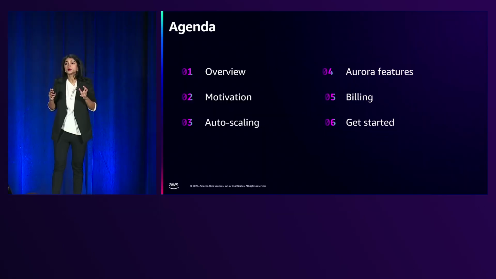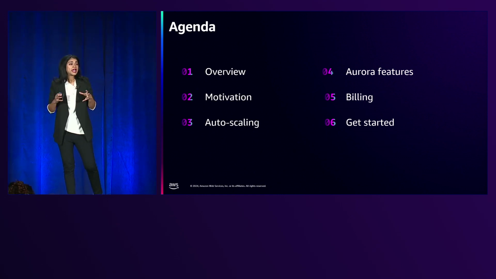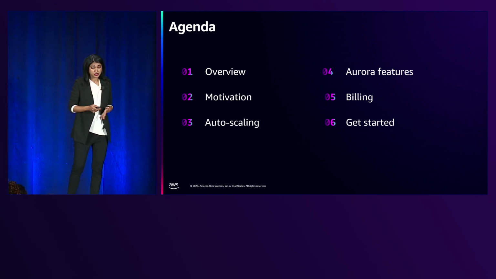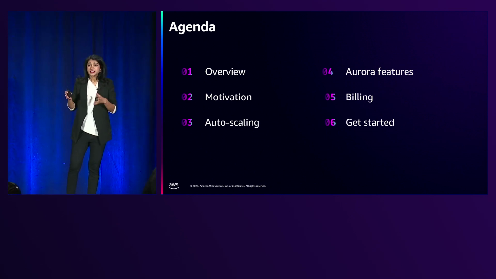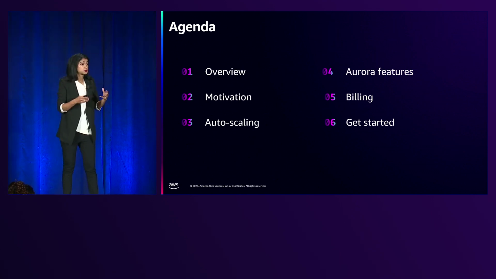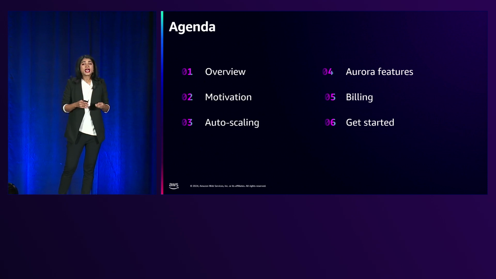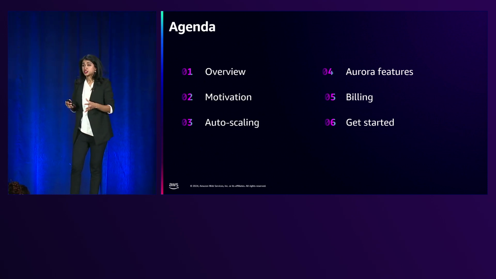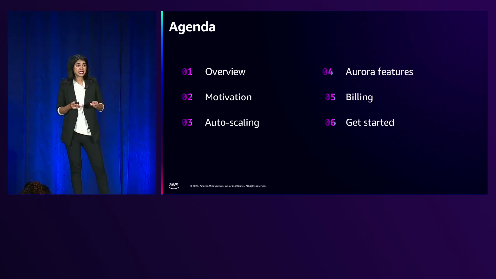A little bit of agenda of what's going to happen in the next 45 minutes or an hour. We will give a brief overview and motivation of why you should care about serverless. And then directly we'll start talking about the auto-scaling capabilities and how that can help you solve your problems. And when you're looking at your critical application, it's not just the auto-scaling capability that you require.